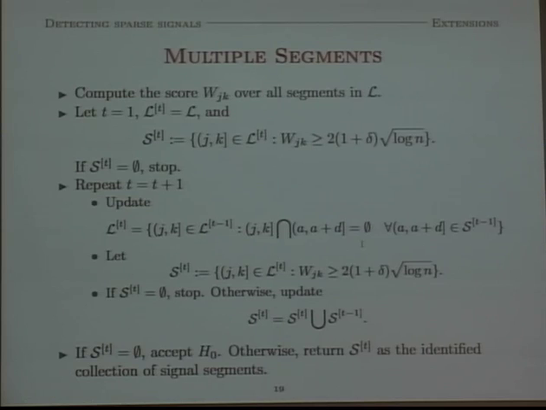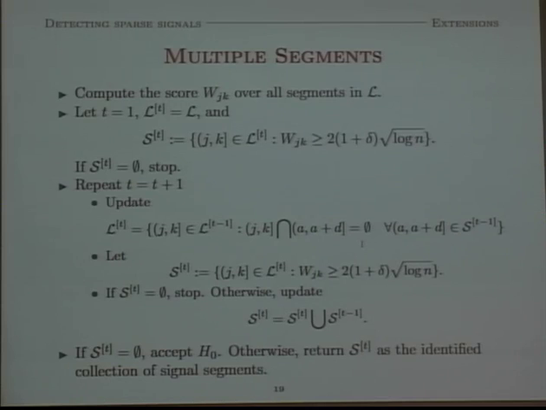But if the maximum is greater than that, I'm going to look at a subset of all these whose likelihood ratio, or whose test statistics, is above the threshold. And I'm going to take the largest one. Once you take the largest one, you need to pay attention to the fact that all these candidate segments overlap with each other.